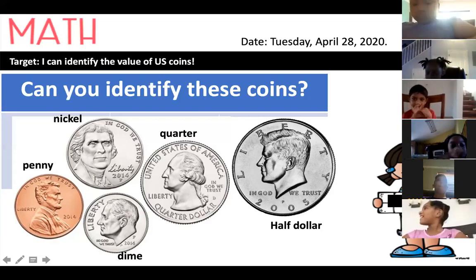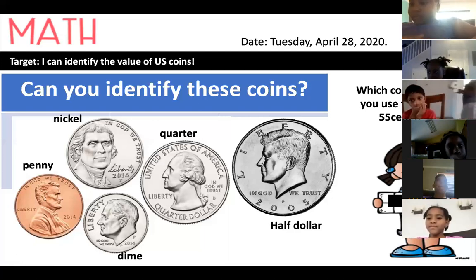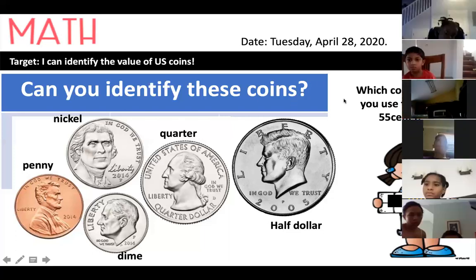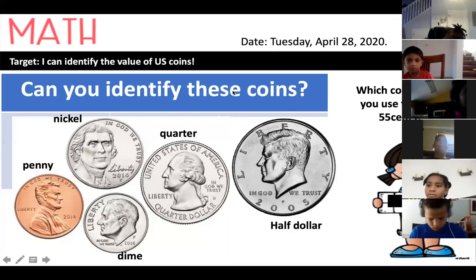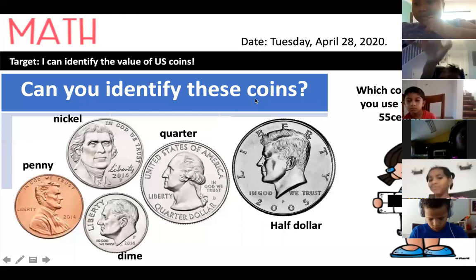Okay. So here's another question I have for you. Which coins could you use to make 55 cents? This is just a question to get you thinking about what we're going to be talking about a bit later in this lesson. So think carefully.